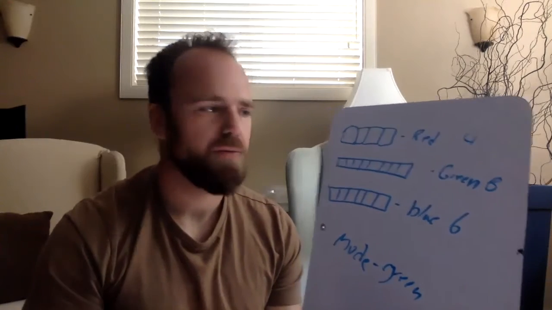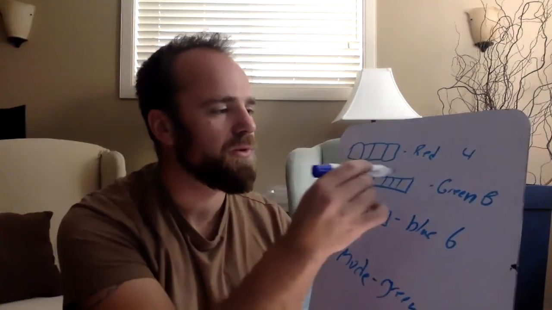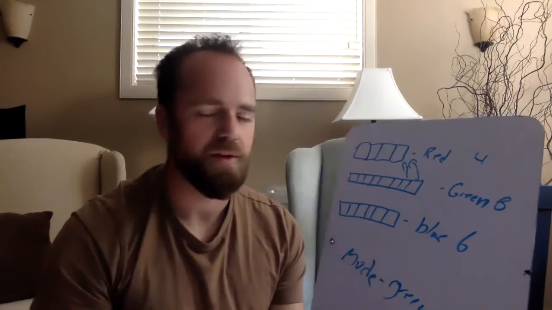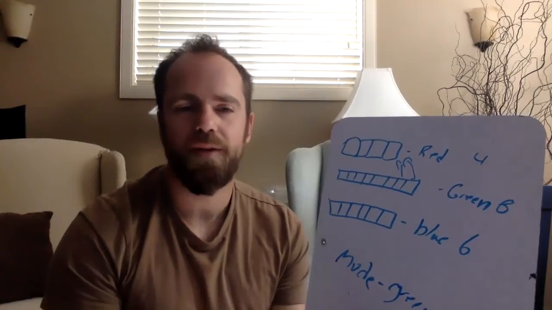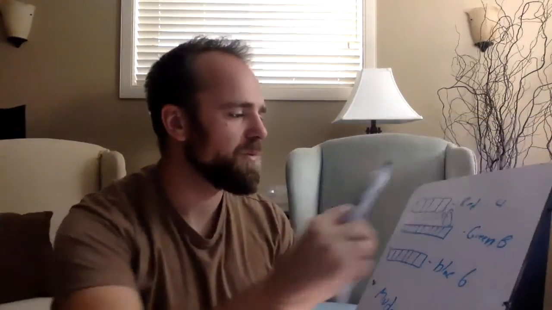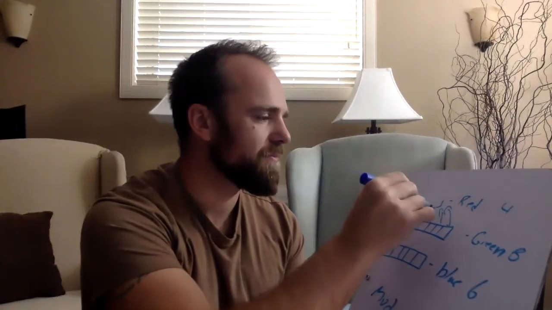What's our average? Well, let's try to figure out what we can do. What if we were to take some of the blue blocks here, or the green blocks, and add them to the red blocks pile? Okay, it doesn't mean that they have to match up. But what I'm trying to do is get the same number of blocks in each pile. I'm just going to redraw this so that it looks similar.